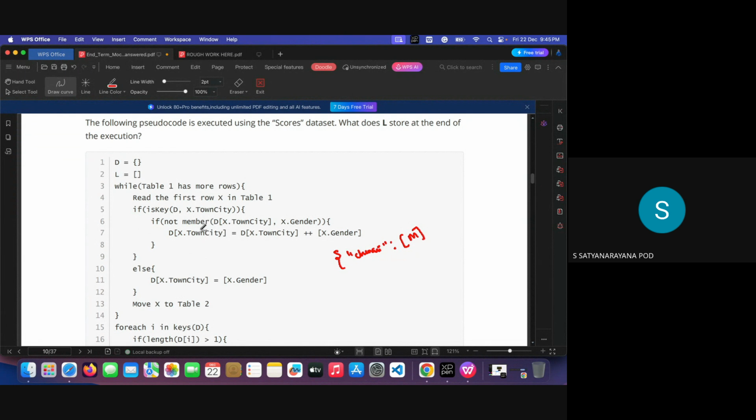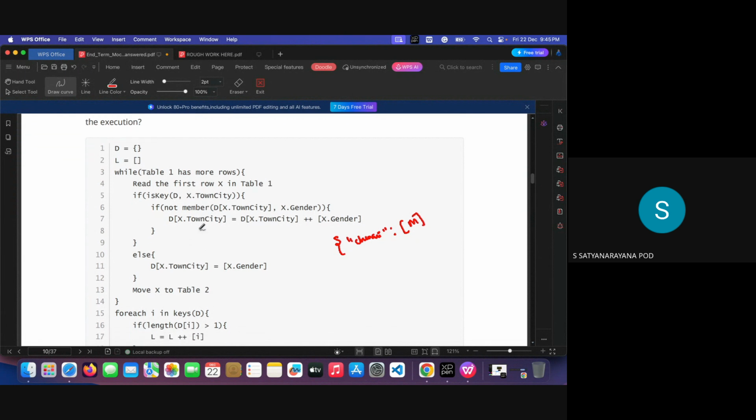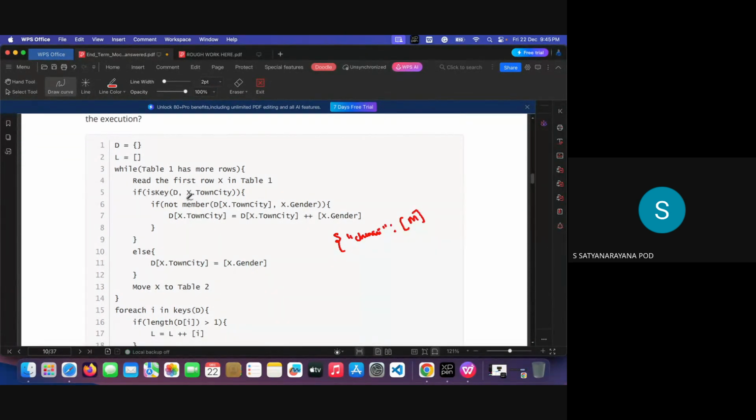Whenever you get the second card, for an already existing city, maybe the same Chennai, we check whether it is not a member of the city's gender list.